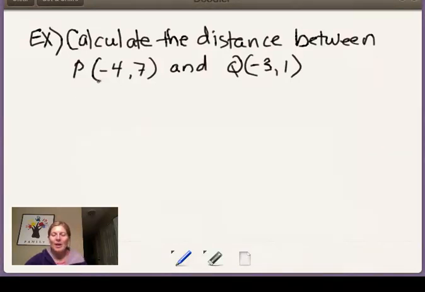So using my length formula, which can also tell me the distance between 2 points, because the length of a line segment and the distance between 2 points will be the same, I can set this up like this.